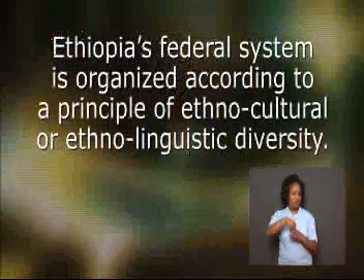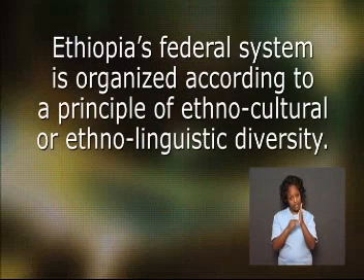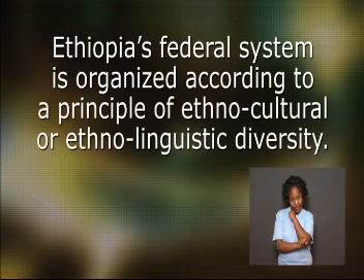Welcome back. I hope you were able to remember the answer to this question from our last lesson. Ethiopia's federal system is organized according to a principle of ethno-cultural or ethno-linguistic diversity. Ethiopia is made up of 9 regional states that have been created according to this principle.